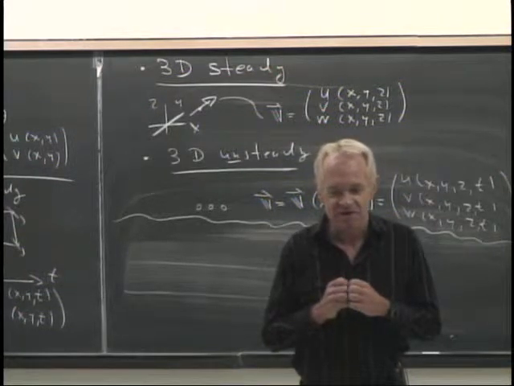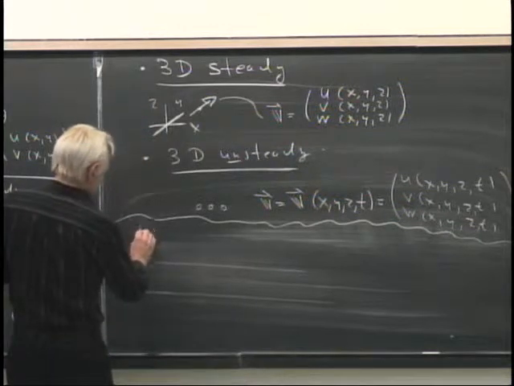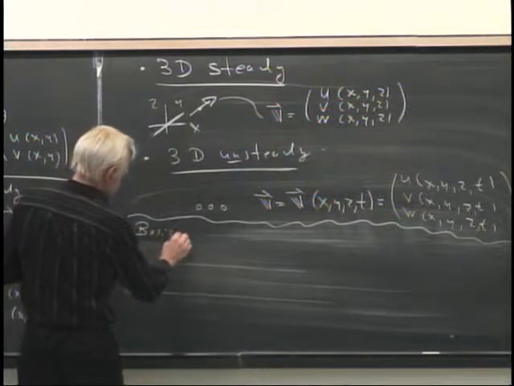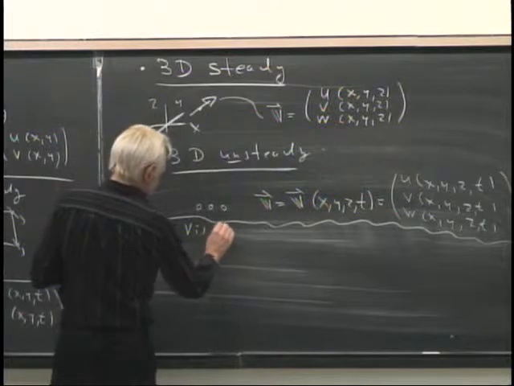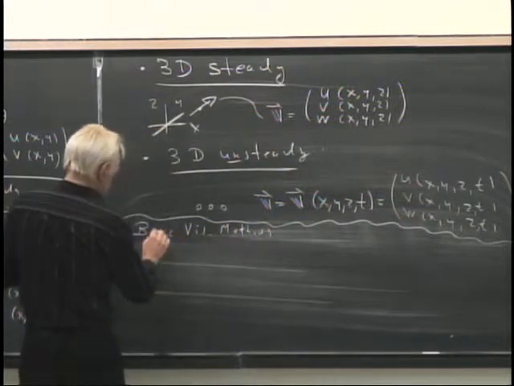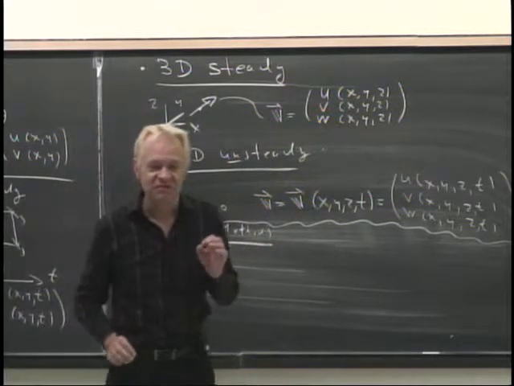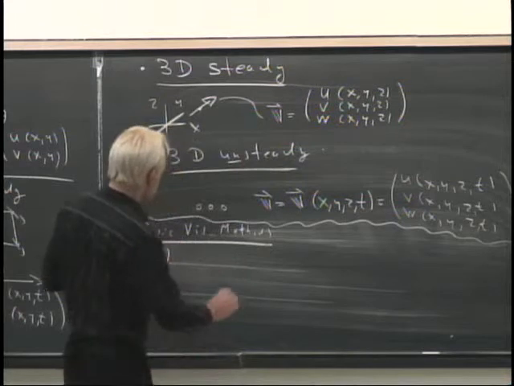The simplest one is called, these are the basic Viz methods. The most basic one is a trajectory, or path line. Okay?